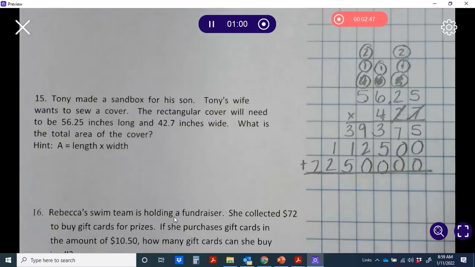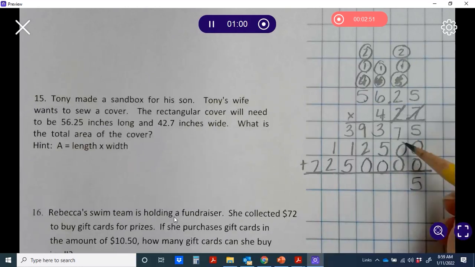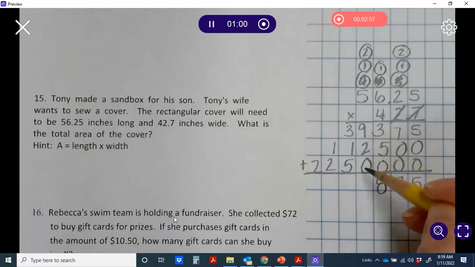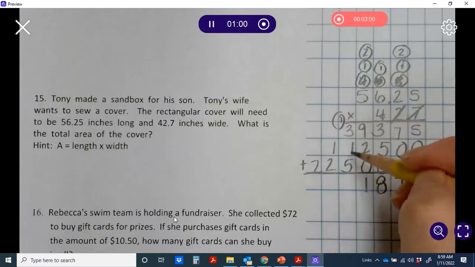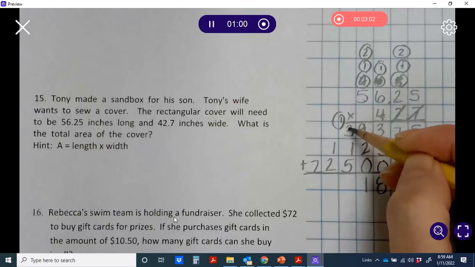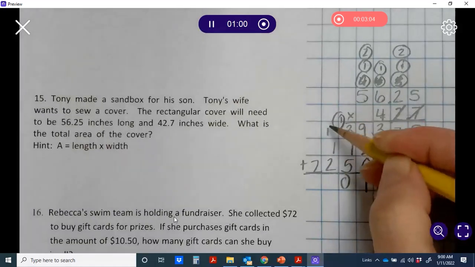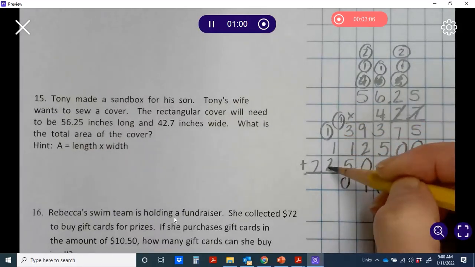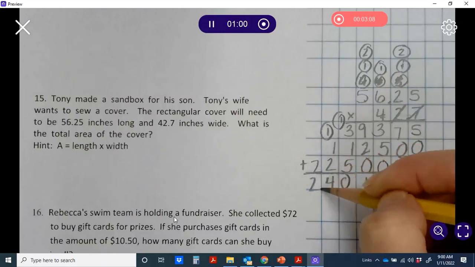Now it's time to add. 5 plus 0 is 5. 7 plus 0 is 7. 3 plus 5 is 8. 9 plus 2 is 11. Carry the 1. 5, 6, 7, 8, 9, 10. Carry the 1. 1, 2, 3, 4, and then 2.